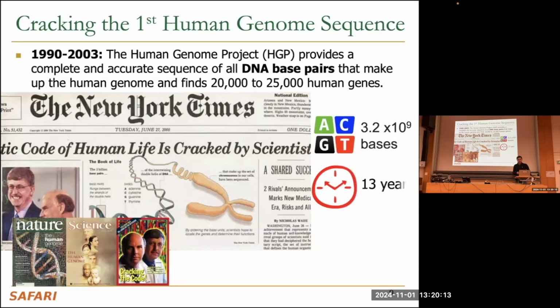This took around 13 years, and it cost around $3 billion so that we could decipher the 3 billion bases that we have in the human genome. This is very important because we can now look at the human genome and see what makes us human and what makes us different from other living organisms and other individuals.